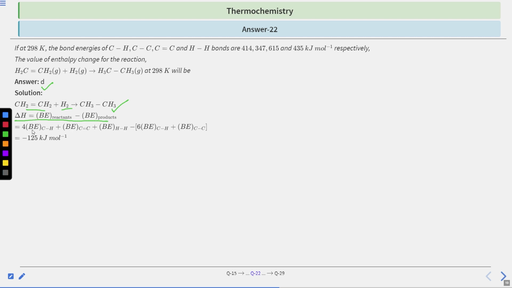So 4 times bond energy of CH plus bond energy of C double bond C, as one C double bond C is present, plus bond energy of H2 minus 6 times bond energy of CH, as in this molecule we have 6 CH bonds, plus bond energy of the carbon-carbon bond, which is only 1 time. So on solving this equation, we have minus 125 kilojoule per mole as the enthalpy change for the reaction given in the question. Hence, D option is the correct answer.